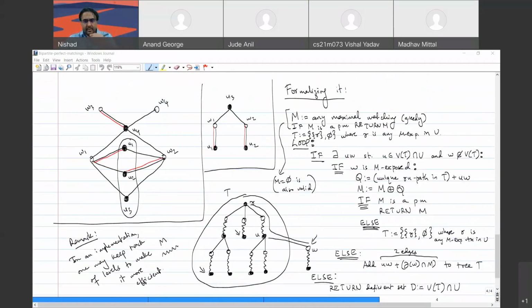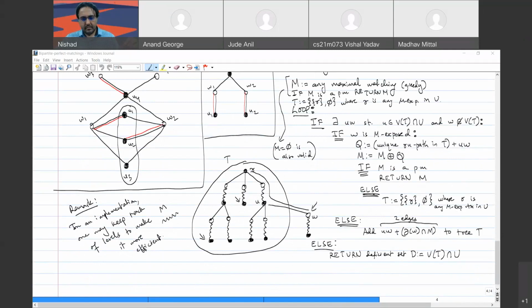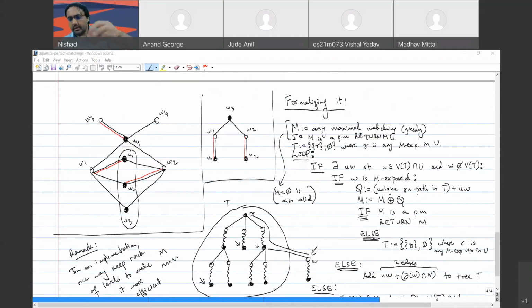Okay, so let's try to analyze this algorithm here. Let's try to understand the time complexity of this one. Okay, so this is what we are discussing now.